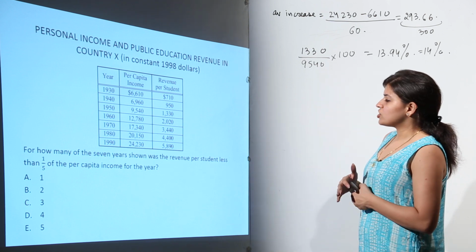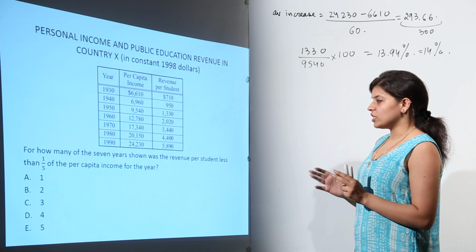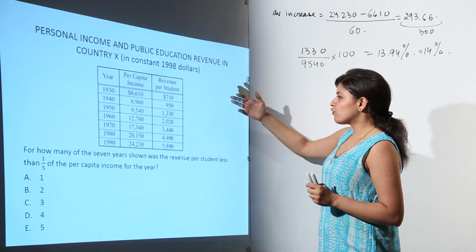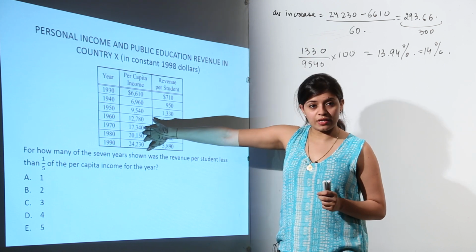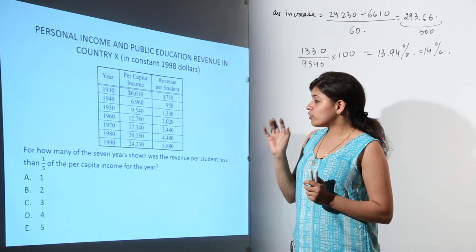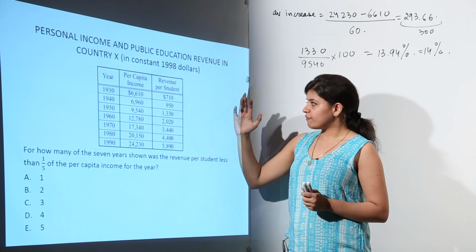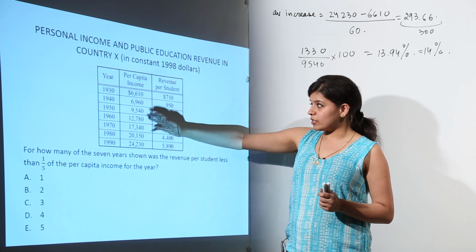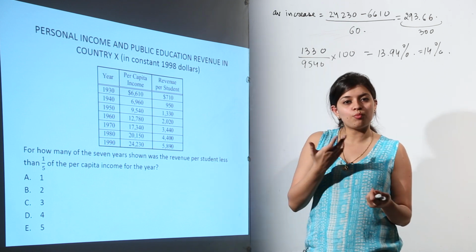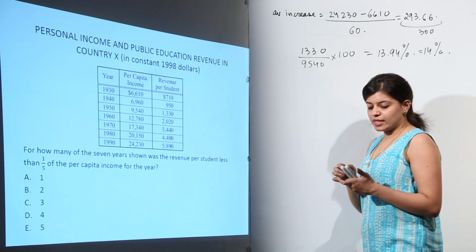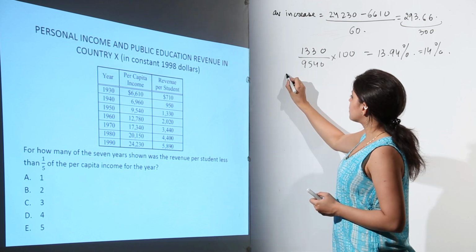Okay. This question says that for how many of the 7 years that are shown in this table was the revenue per student less than 1/5 of the per capita income? That means for which of the following years, if we divide the revenue by the per capita income, the value should be less than 1/5, that means less than 0.2. So, we will calculate in this case for all the years.